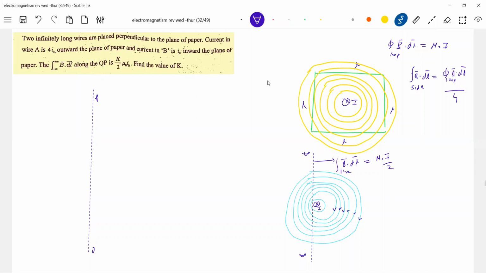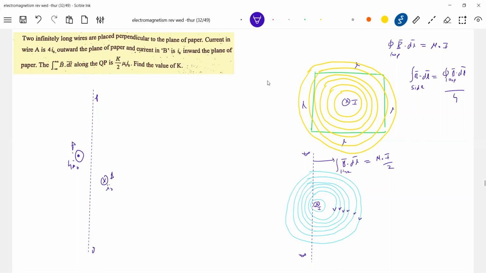Current in the wire is 4 I naught, and B is perpendicular to the plane of paper. Current in wire A is 4 I naught outward from the plane and current in B is inward to the plane. The value of B bar dot dl along QP is given in the diagram. Find the value of K.